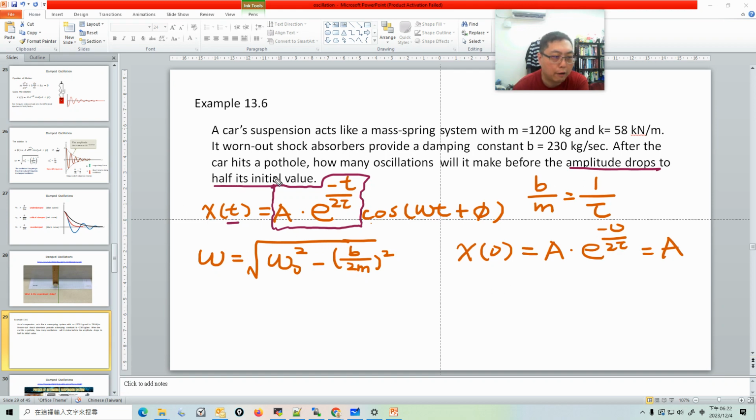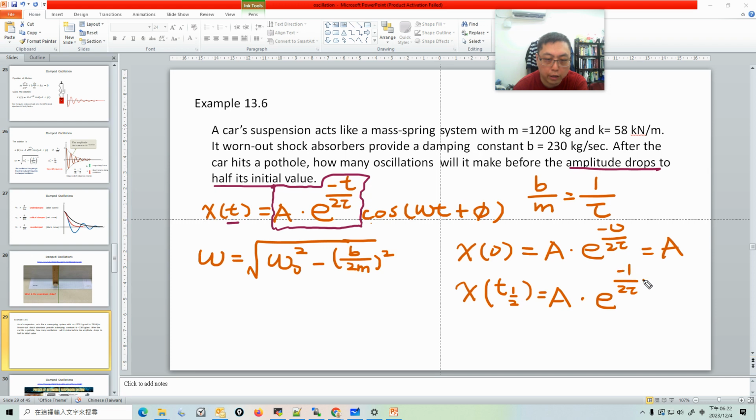It drops to half of its value. I don't know the time, so I name the time T1/2. This is just the time for the amplitude to drop to half its initial value. So the amplitude at T1/2 equals A times e to the power of minus T1/2 over 2 tau.